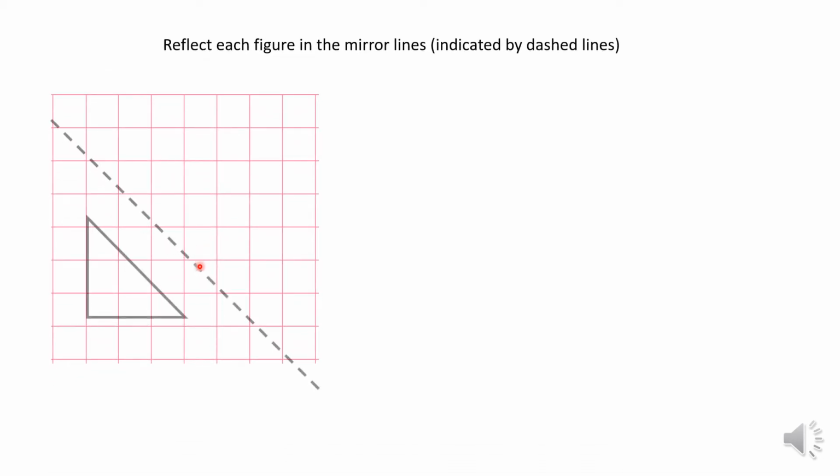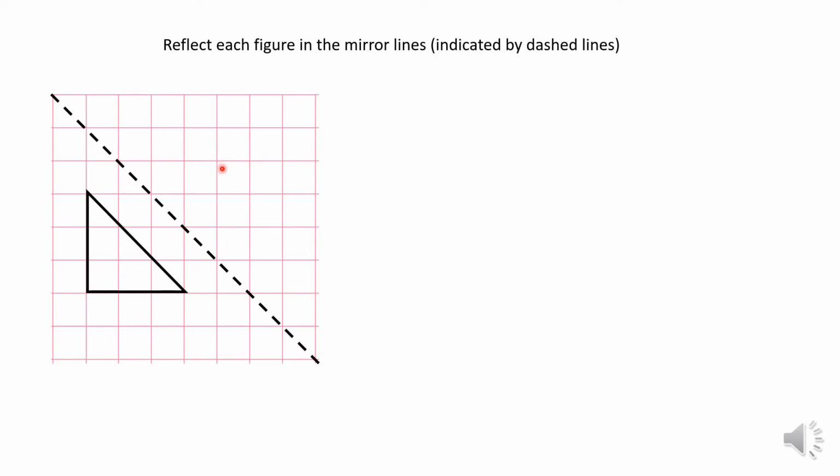Right, so they are saying here, reflect each figure in the mirror lines that you're given here. All right, so this dashed line here is the mirror line, and we have to reflect each figure. So what we need to have a look at is how far this particular point, let me say this is the point A, is from the mirror line. In order for me to get that, I see I have to go in this direction here once, and then I have to go up there again.